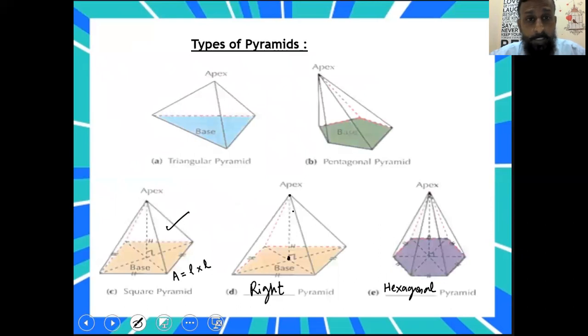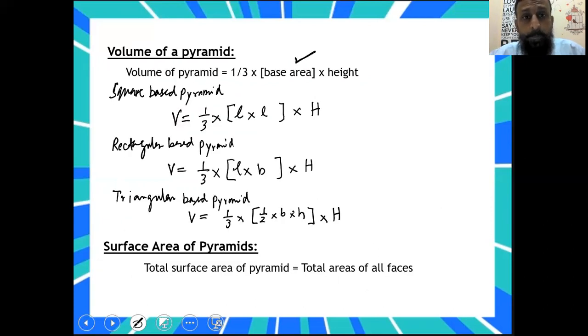So boys and girls, all these examples, we can calculate their volume by just replacing the base area with its respective formula of area, right? Square base pyramid, 1 upon 3 multiplied by length into height. A rectangular base pyramid, 1 upon 3 multiplied by length into breadth into height.